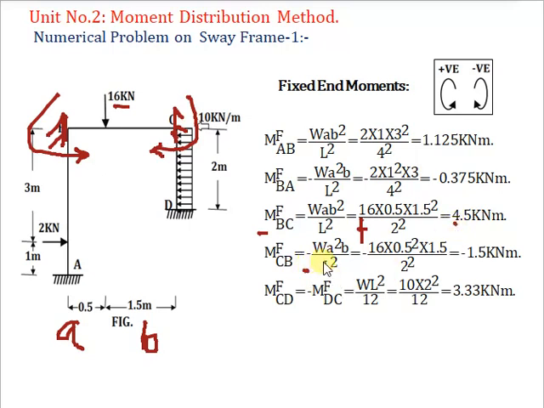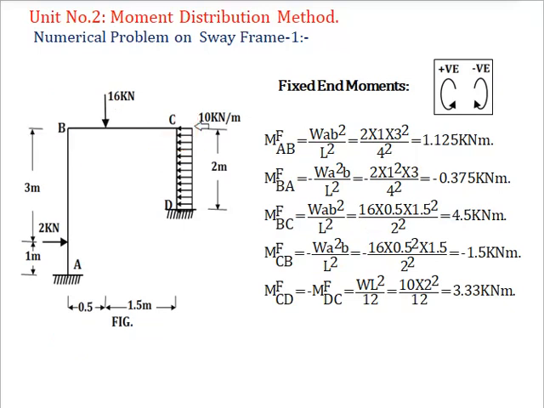MFCB is equal to minus W a square b divided by L square, which is equal to minus 16 into 0.5 square into 1.5 divided by 2 square, equal to minus 1.5 kN meter. So these are the fixed end moments for beam BC or horizontal member BC.